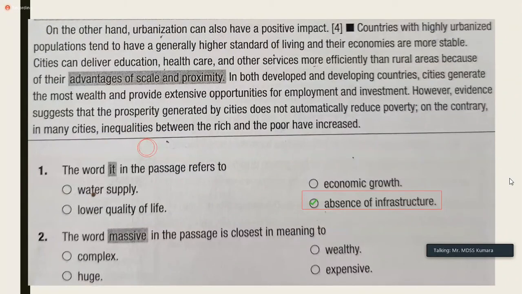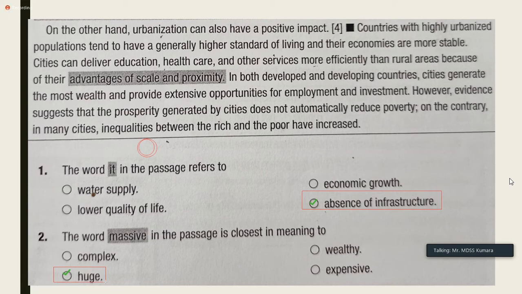And the second one is about the word "massive". Cities in these countries are rapidly transforming into mega cities, massive conurbations of more than 20 million people. The word "massive" in the passage is closest in meaning to complex, wealthy, huge, expensive. Huge.